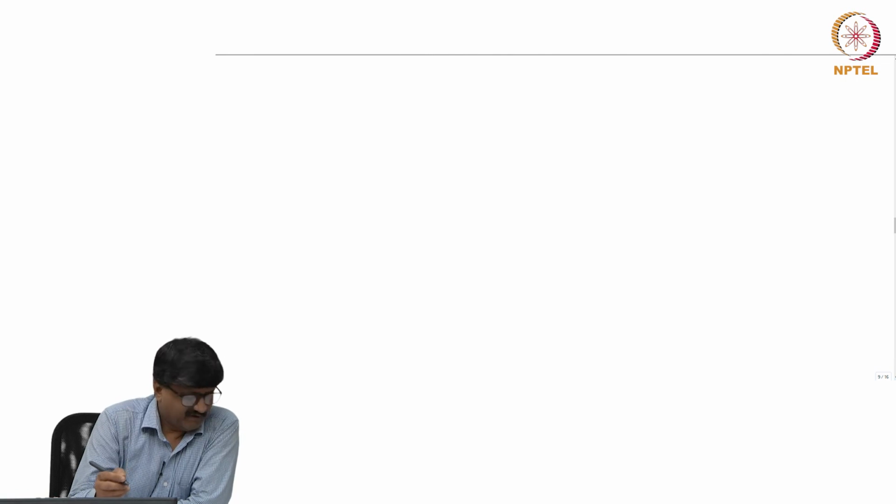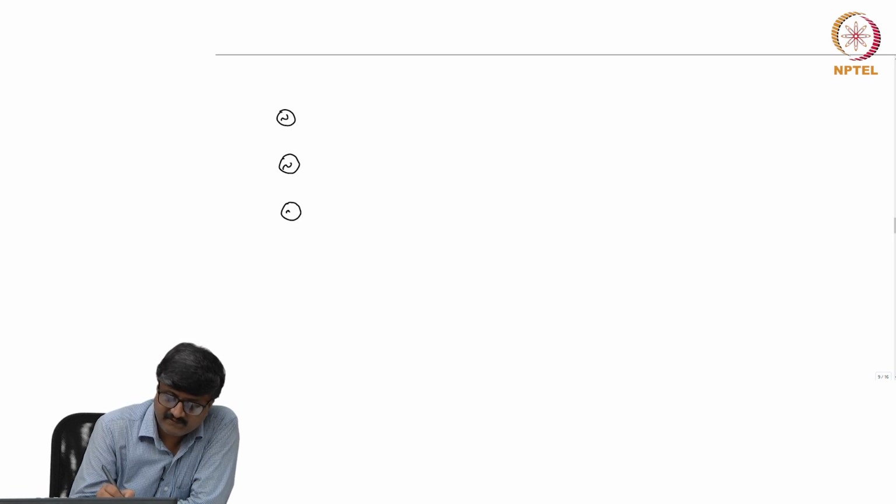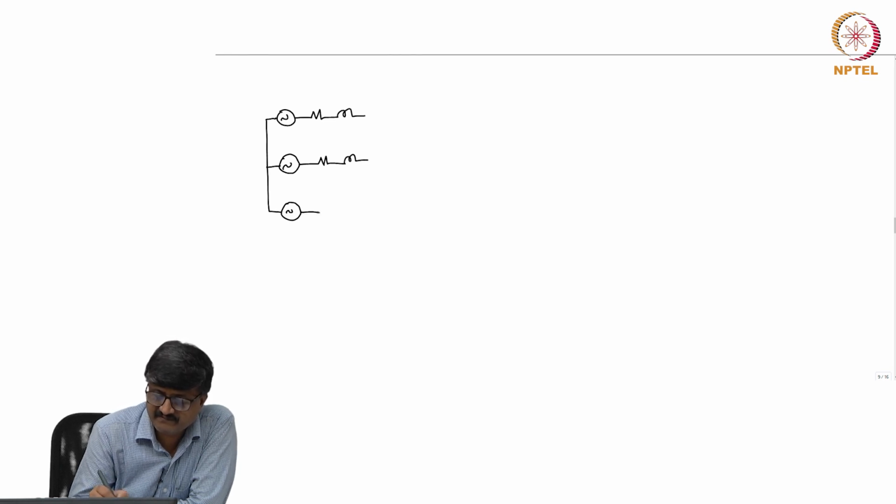So, we will consider this circuit. I have on the AC side a 3-phase balanced voltage source and this is in series with, so in each phase there is a series resistance and an inductance.